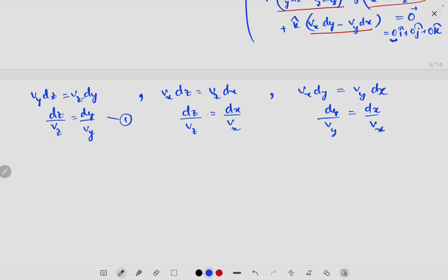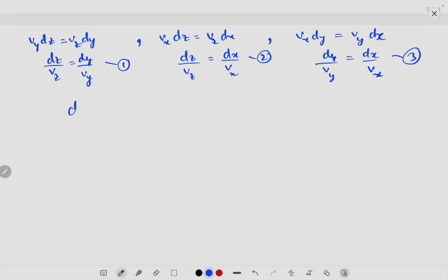Using these three equations, I can write dx upon vx equal to dy upon vy equal to dz upon vz.